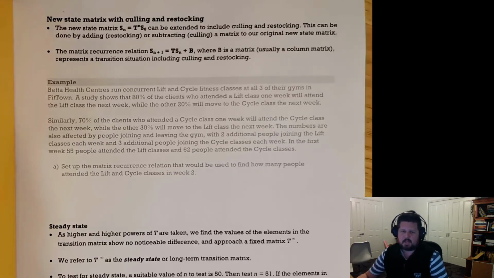So similarly, 70% of the clients who attended a cycle class one week will attend the cycle class the next week, while the other 30% will move to the lift class the next week. The numbers are also affected by people joining and leaving the gyms, with 2 additional people joining the lift classes each week and 3 additional people joining the cycle classes each week.